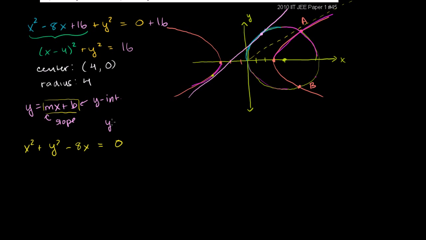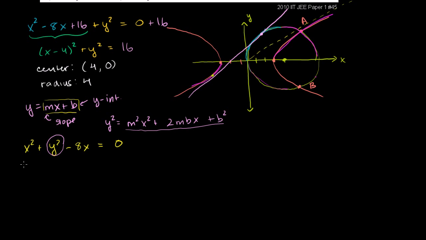Y squared is going to be equal to m squared x squared plus 2mbx plus b squared. All I did is square the expression for the line, so now we can substitute this whole thing in for y squared.